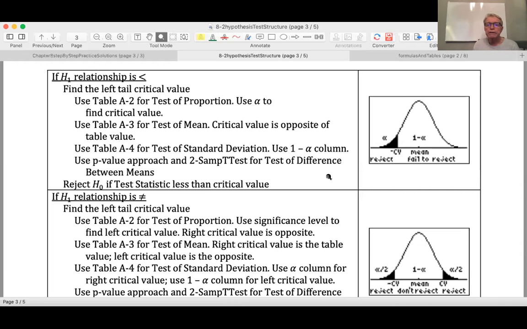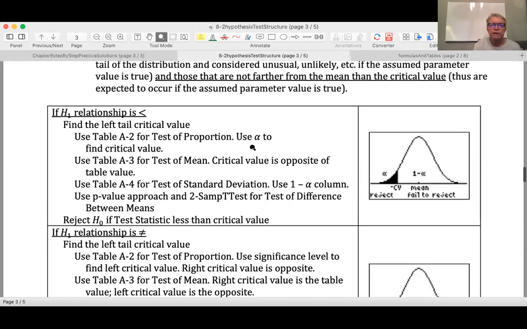But we're going to leave the how we determine this, how we do this in both the critical value approach and the p-value approach, until we talk about the individual hypothesis tests by themselves. We'll do a separate video on each of them, short video, and we'll leave the how to that, how we do things, how we use the calculator in order to do this, and tables as well.